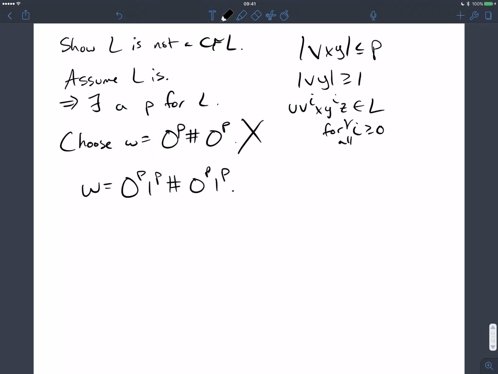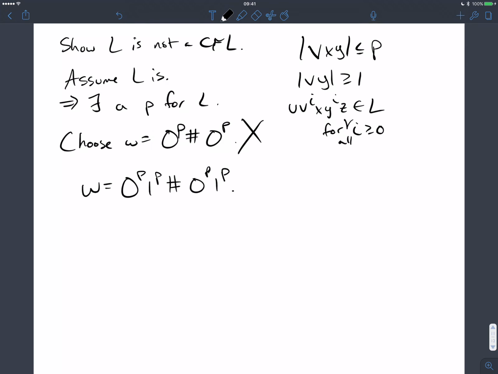It's complementing the statement. Oh, so the pumping lemma was for all decompositions? No, the pumping lemma statement says there exists a decomposition such that for every value of i, you stay in the language.